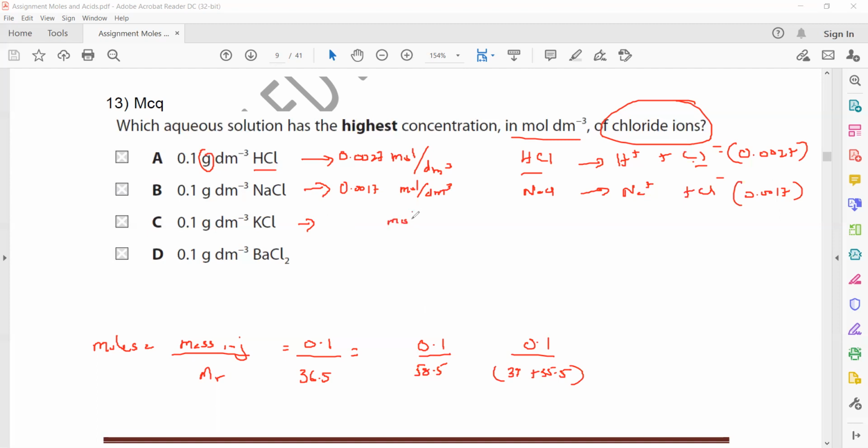What will the concentration be in mole per dm³? It is 1.34 times 10 to the power minus 3, or 0.00134. And potassium chloride dissociates into potassium ion and chloride ion, so we'll get the chloride concentration as 0.00134.